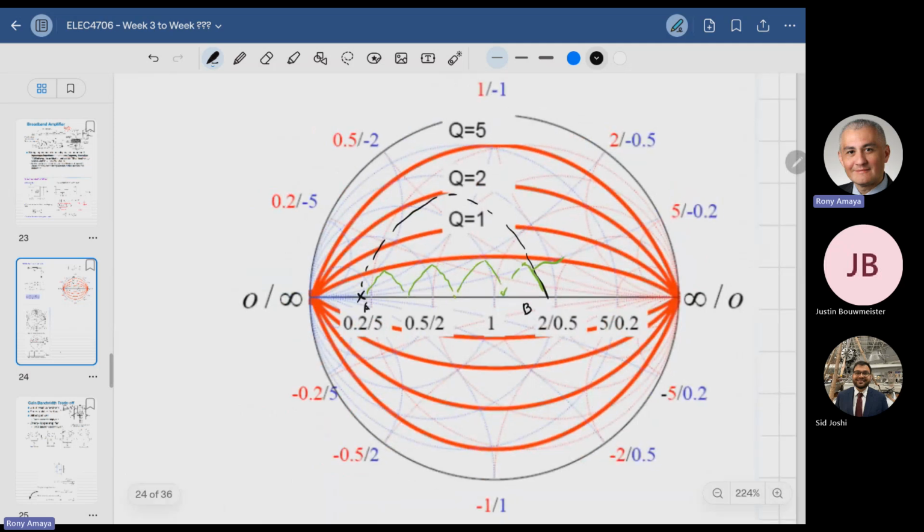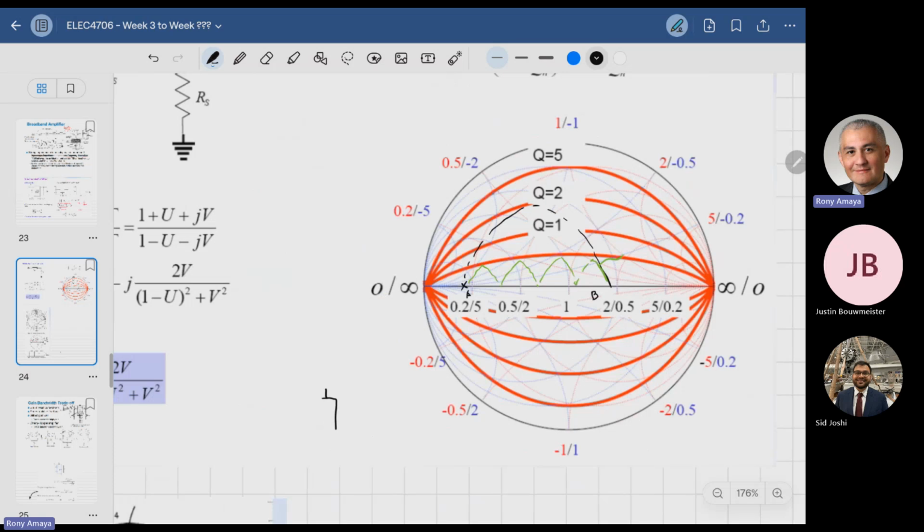If you had a termination, which is here, so this is basically your RL or X load, whatever that is, and then you've got a source, the matching elements in here, so I've done 1, 2, 3, 4, 5, 6, 7, 8. So that's 8 elements, right? And one does a series L, and the other one does, again, the parallel C.